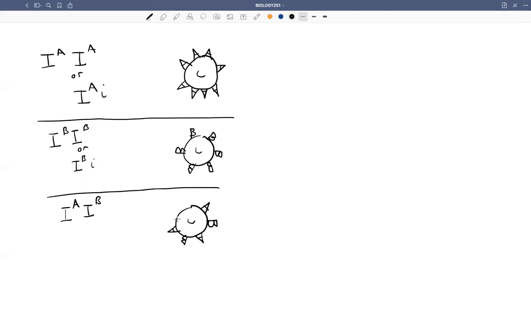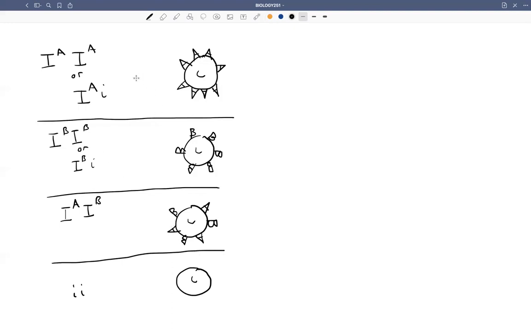So the A allele doesn't override the B allele or vice versa. They both get put onto the outside of this cell, and it's basically identifying itself as two things together. So it says, I'm A and B. And then finally, the little i combination produces cells that don't have A or B antigens on them.